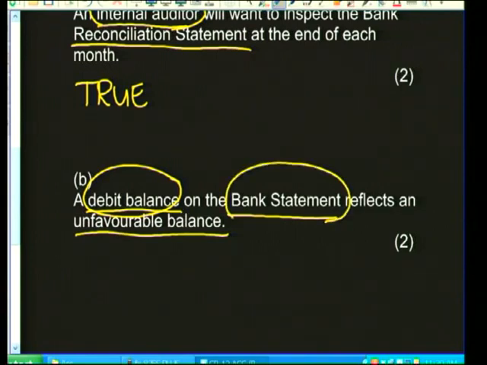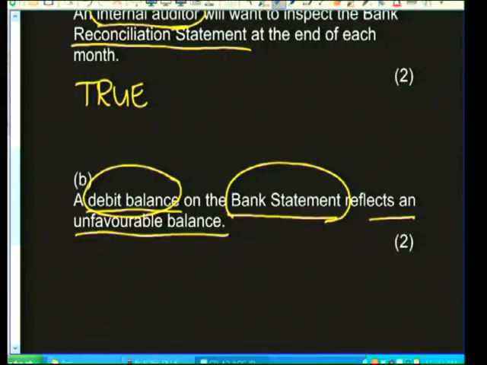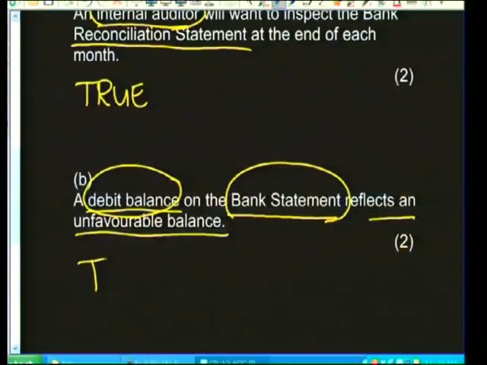In other words, the bank is sending you a statement and it has a debit balance on it. It reflects an unfavorable balance, true or false? Come on, I'm sure you're shouting out the answer as you are watching me. The answer is true.